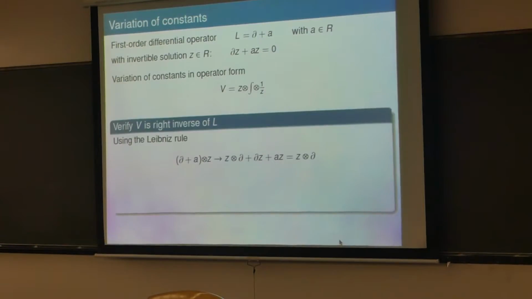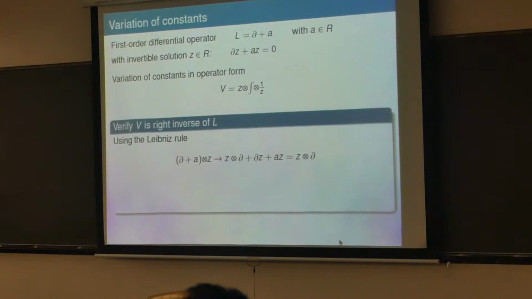What you want to check is that this V, a differential integral operator, is a right inverse of the differential operator. If I compute the solution via variation of constants, but just in the operator algebra, and then multiply it with the differential operator, it should reduce to 1.